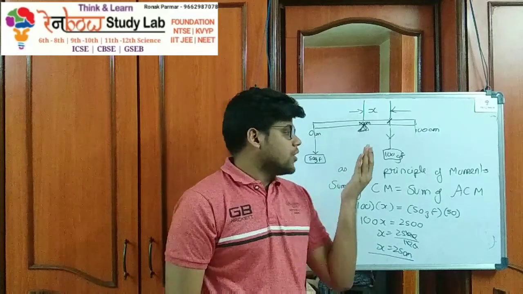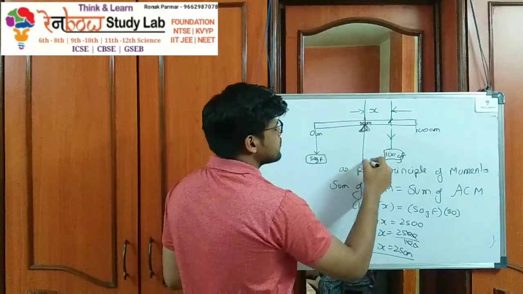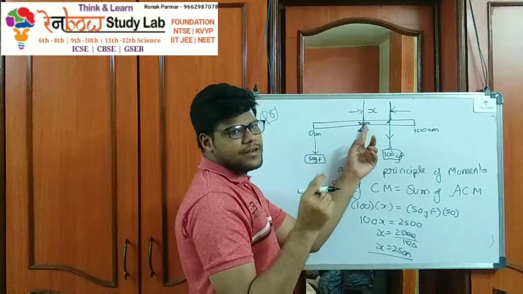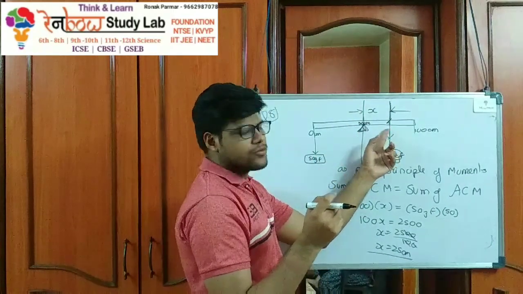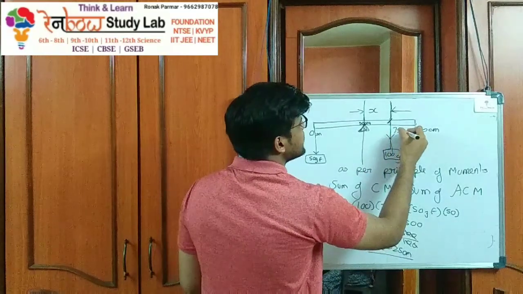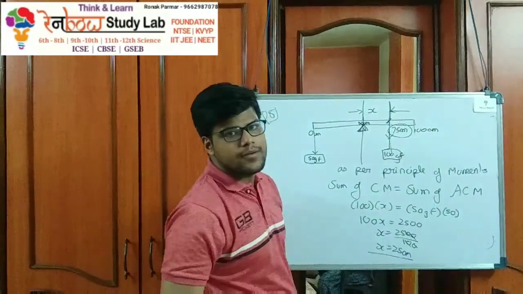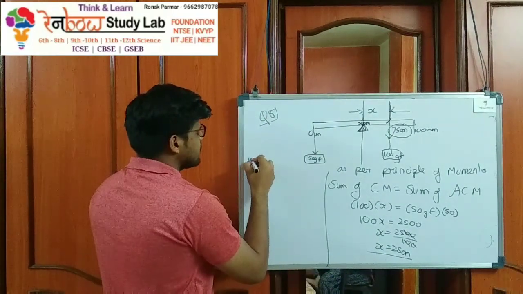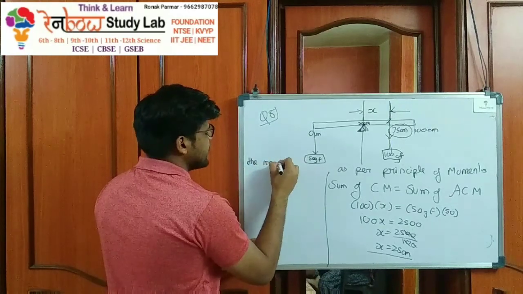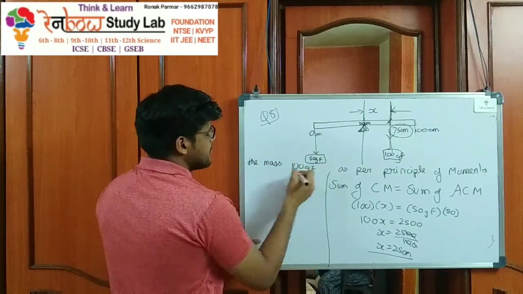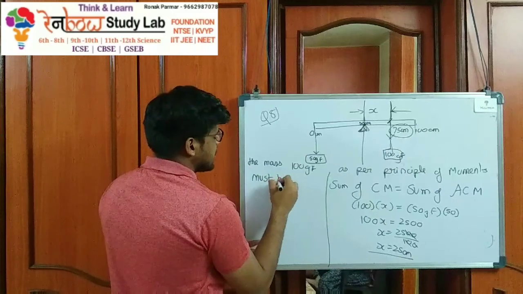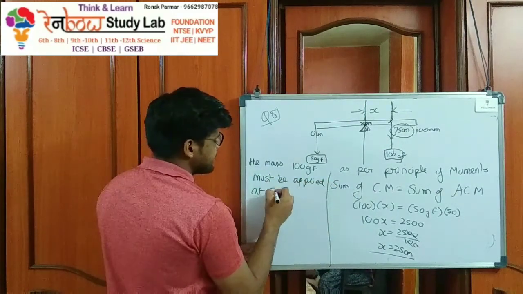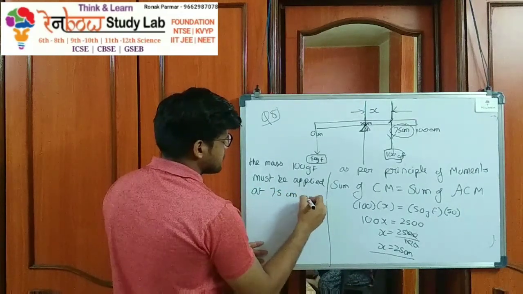So the distance of x is 25 centimeter. The distance between this point and this point is 25 centimeter. This is already 50 centimeter, and now 25 centimeter more, so this will be 75 centimeter. So your answer will be: the weight of 100 gf must be applied at the 75 centimeter mark.